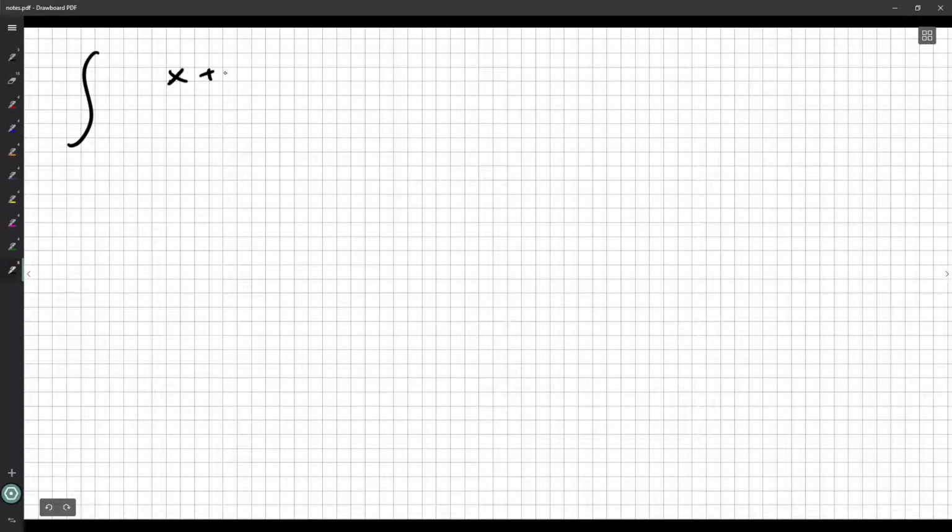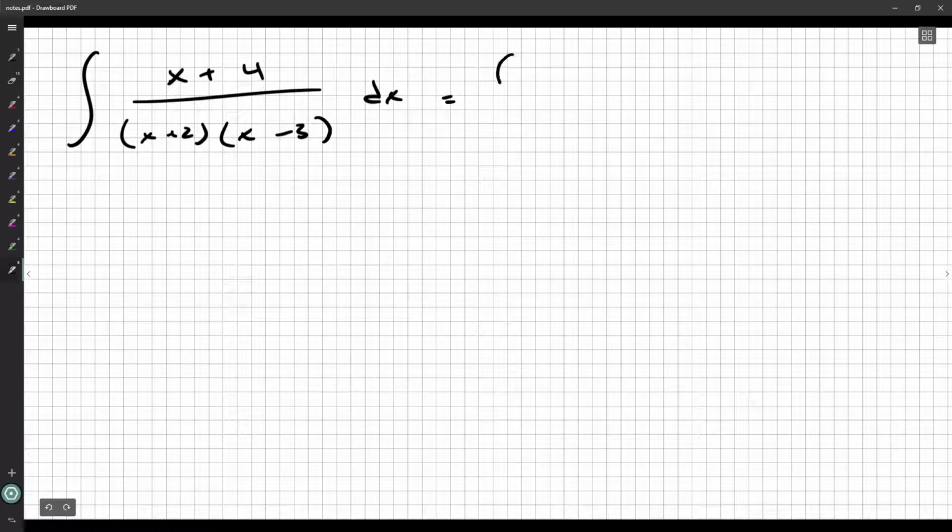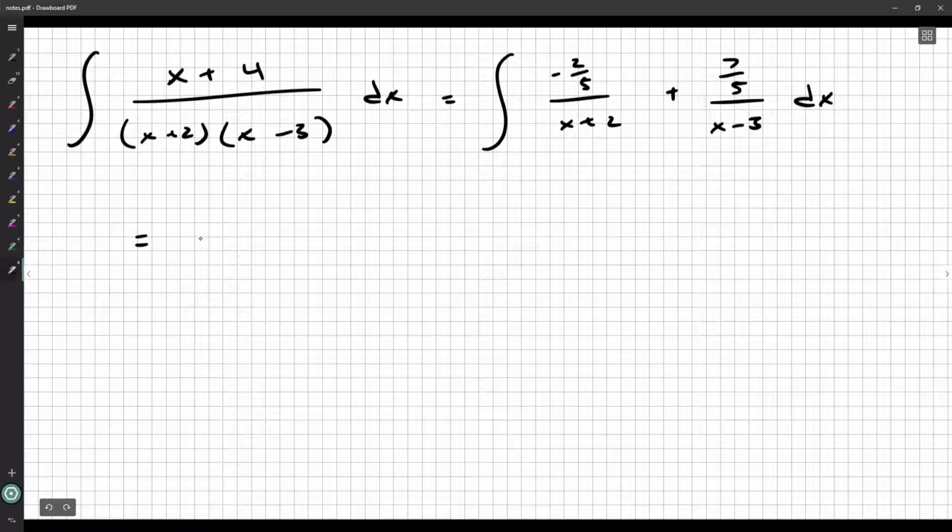We did have x plus 4 over x plus 2 times x minus 3, but now if we replace that with our separate factors here, we can split things up a little bit. I usually take the constants out, unless they're particularly nice.